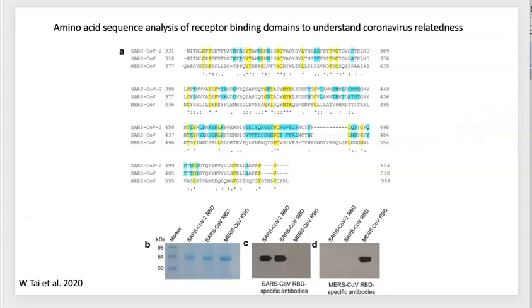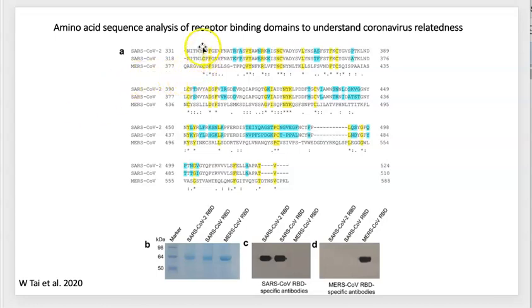So this is just a little look at amino acid sequences, and using these amino acid sequences, specifically of the receptor binding domains of different viruses, to understand coronavirus relatedness. And so again, you can see where bits of the receptor binding domain, and again, the receptor binding domain allows these particular viruses to bind to ACE2.